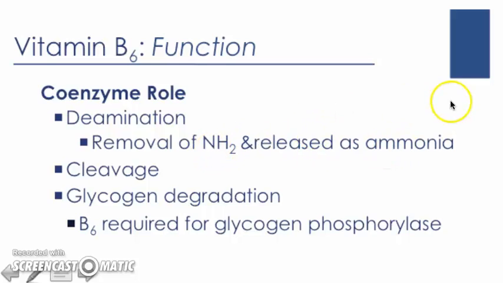It's released as ammonia. So B6, again in the form of PLP, will be involved in those processes. Also cleavage reactions, and then again we mentioned with glycogen degradation, so it's going to be required for the activity of glycogen phosphorylase, particularly in the muscle.